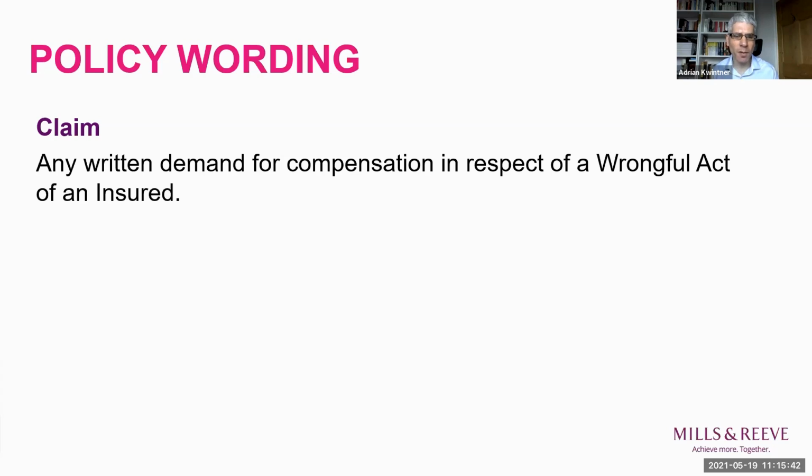So on the basis of this particular policy, the claim was first made in 2021 when the formal letter of claim was received. That said, we have seen policies where claim has a different definition. And so it's very important for construction professionals to carefully consider the policy wording to determine when a claim has been made.